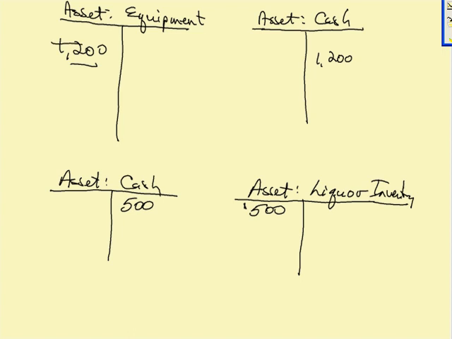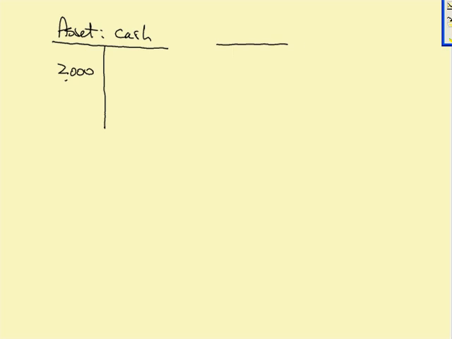Well, for sure we know that the cash account's involved because we've got $2,000 in the cash account from ticket sales. So the asset account cash. And in this case, I'm going to record the destination first. So we wound up with $2,000 in cash. But where did it come from? Well, first of all, we'll have ticket sales. We'll just call it ticket sales, and we'll figure out what category that belongs to in a minute.